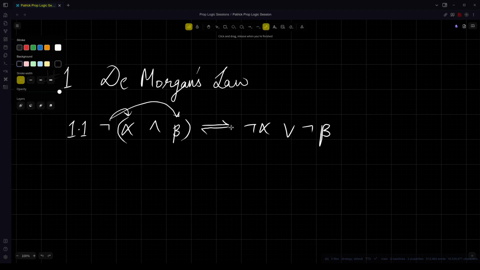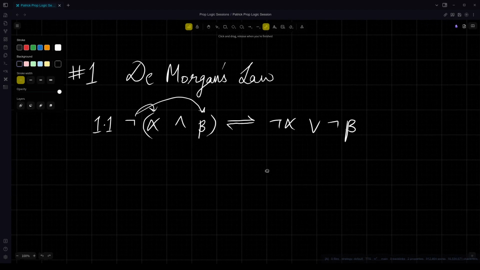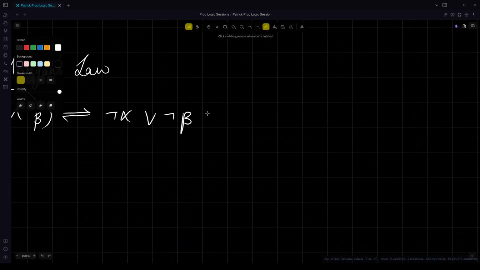And you can prove it by drawing a truth table. I can show the semantic equivalence, the logical equivalence, by using a truth table. Okay, I'll do a shortcut. So this is the table for a conjunction, right?